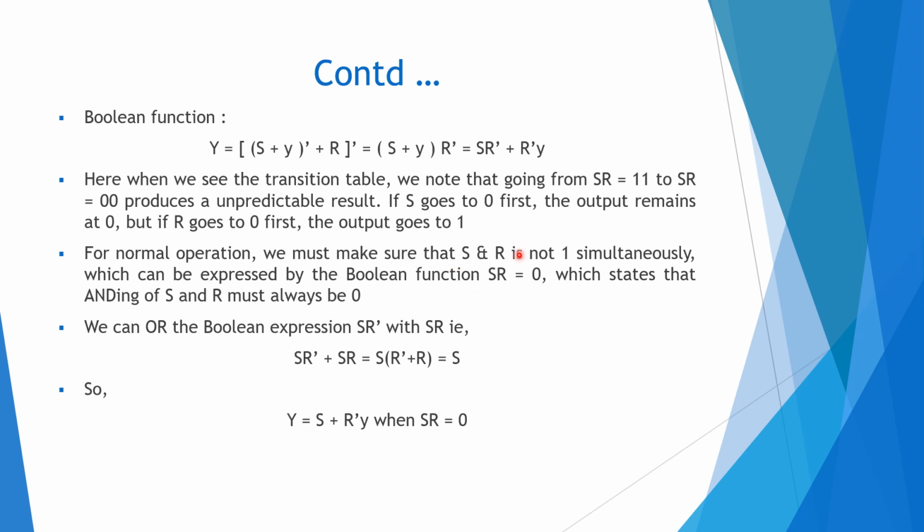So we are ORing this Boolean expression S R bar with SR. That is S R bar plus SR, which makes S. So Y is equal to S plus R bar y when SR equals 0. That is the equation for the latch without the forbidden condition.